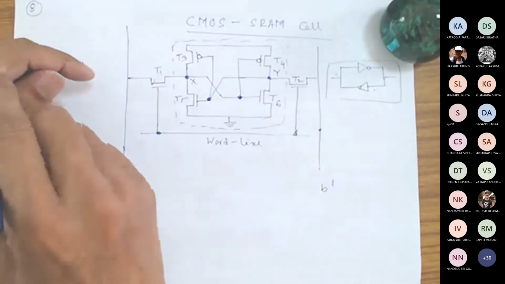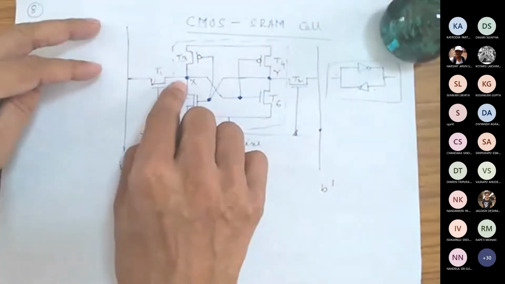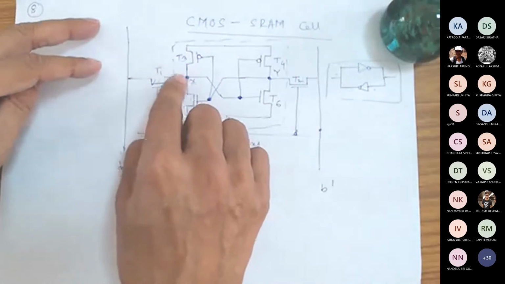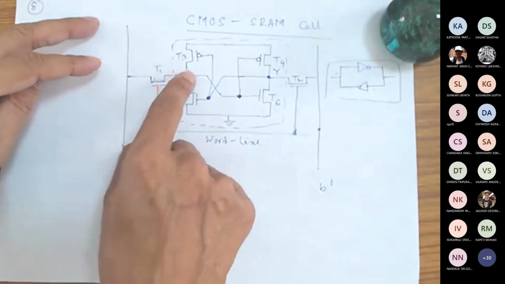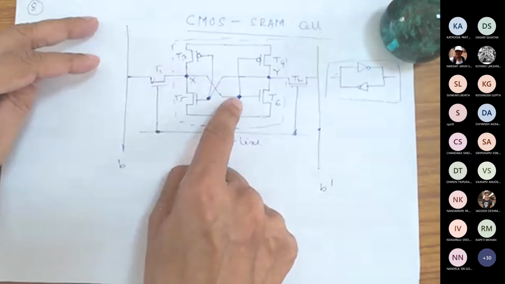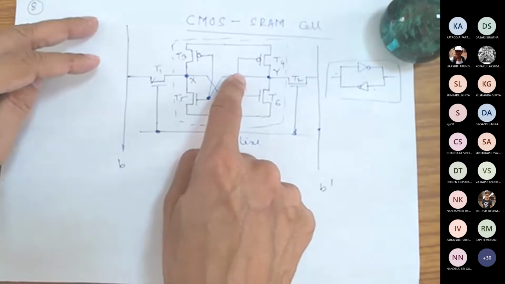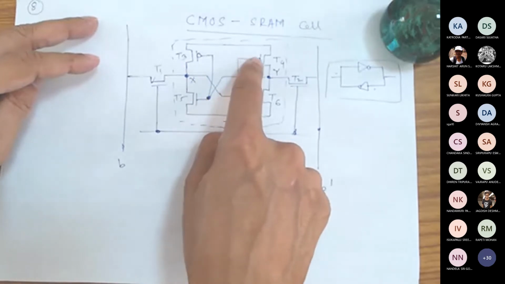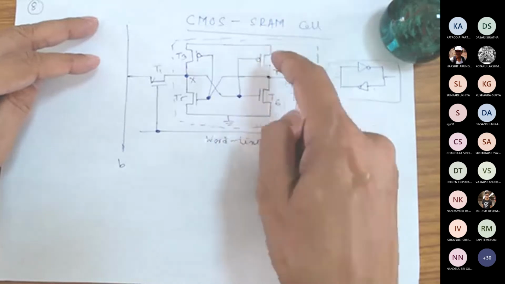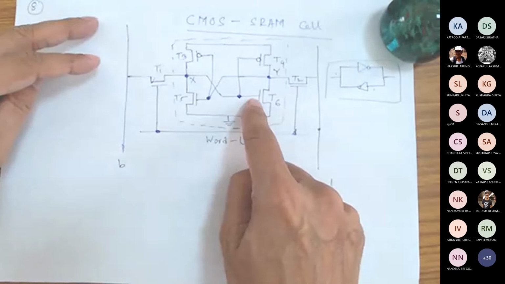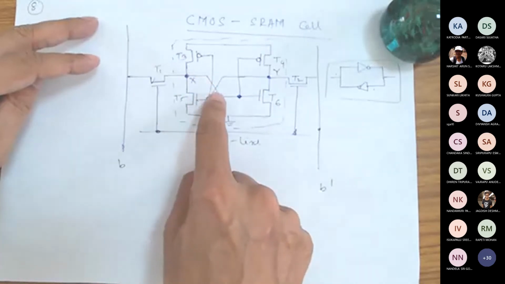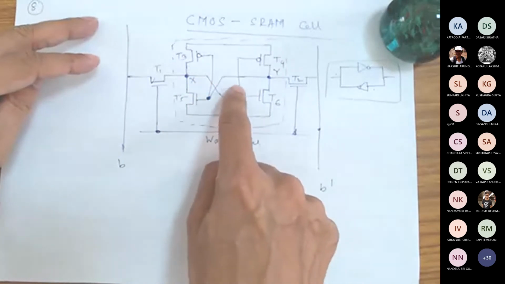So let's assume how it operates. Let's assume that point X is at voltage logic 1. If it is logic 1, this logic 1 is connected here and here, and this is connected here.